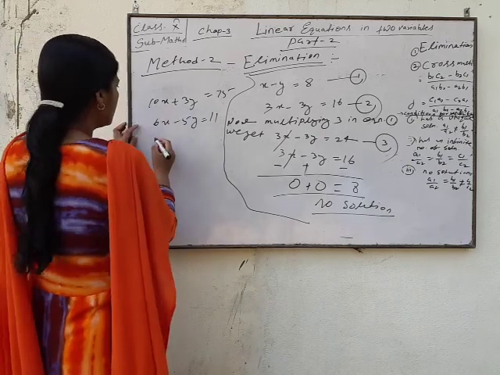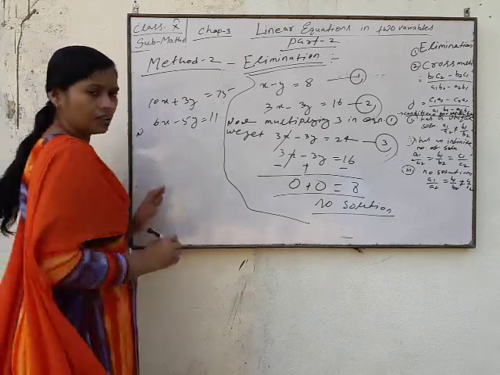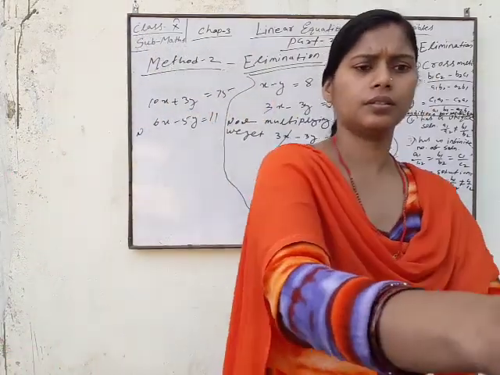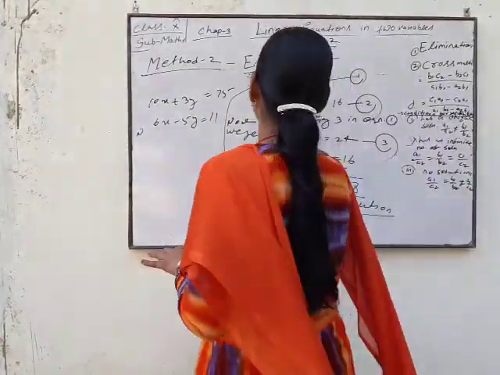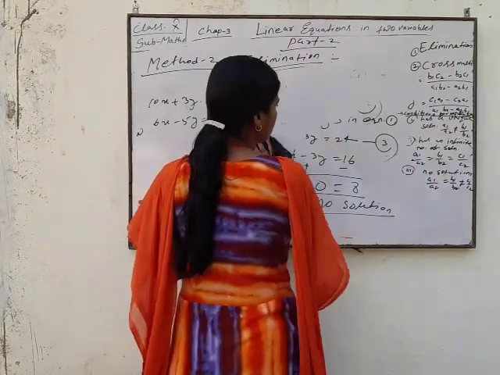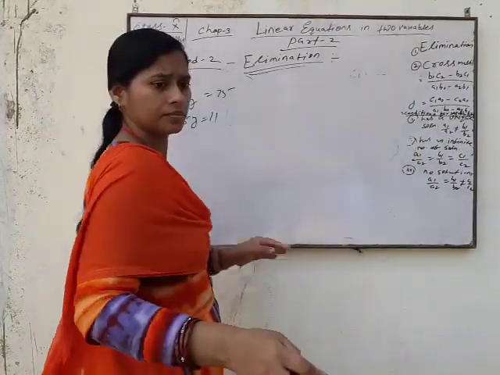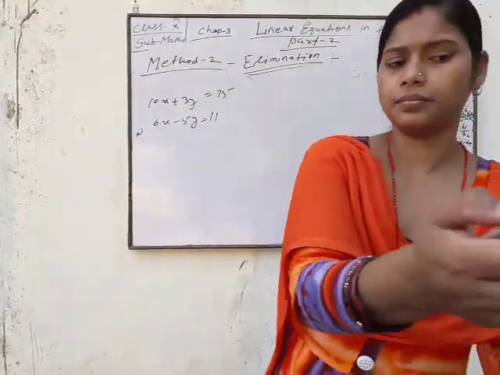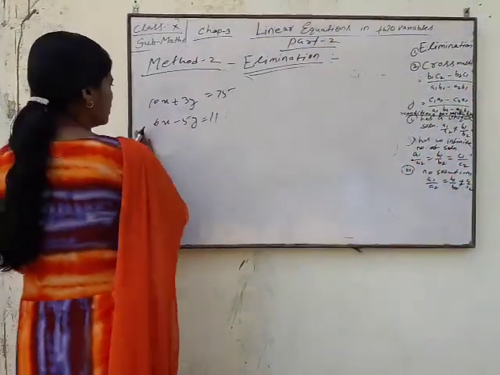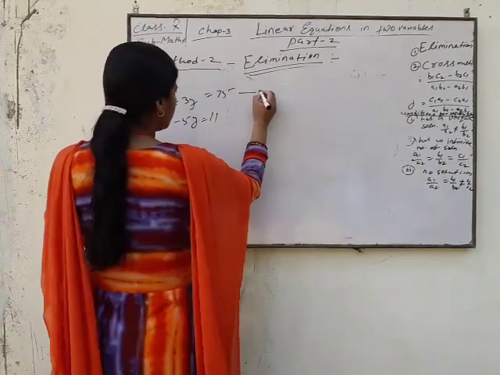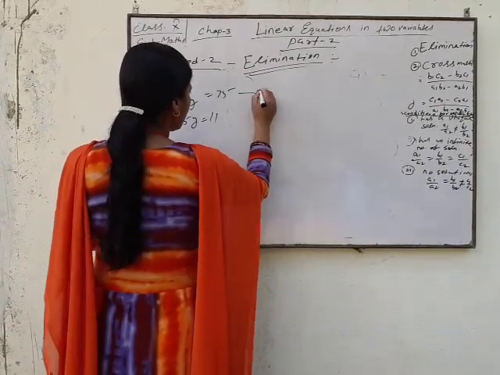Look here. Now multiplying: this is 1, this is 2.